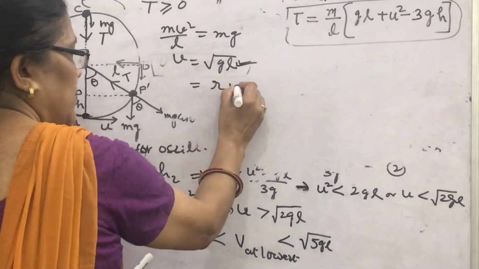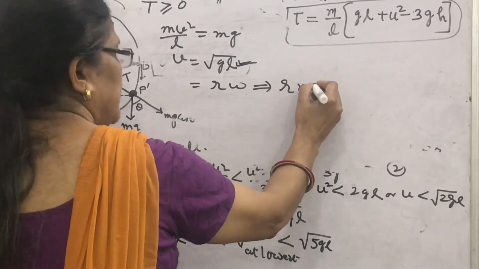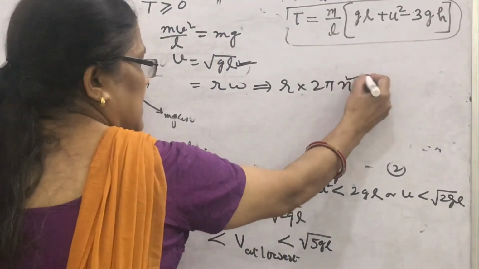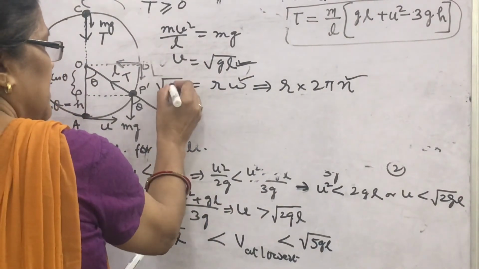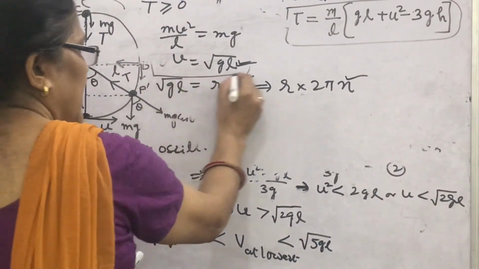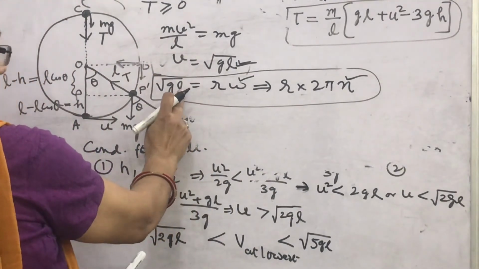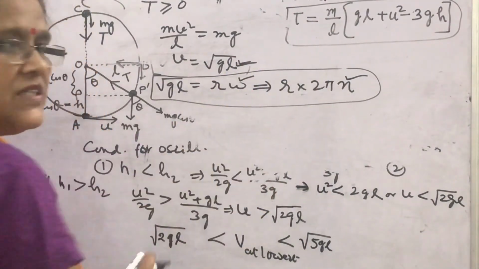V is also equal to R omega, and omega can be also written as 2 pi n. N is the frequency, this is the angular frequency, this is the length. So, by having this relation, you can find that if the length of the string is such, it is given in the numerical, angular frequency or frequency is asked, you can find.